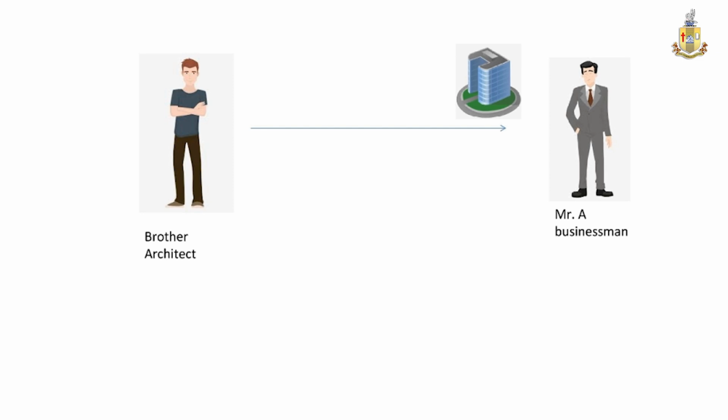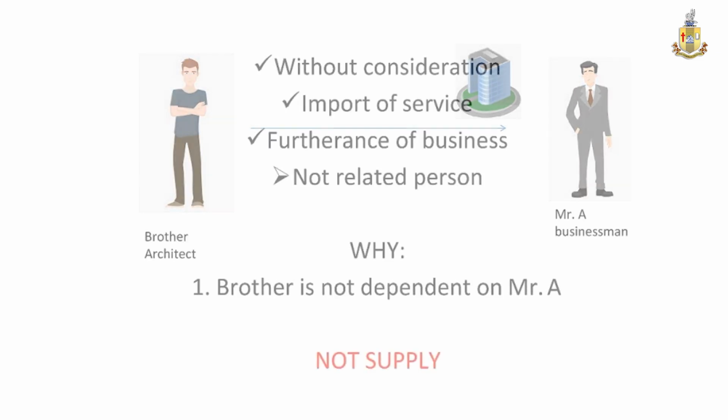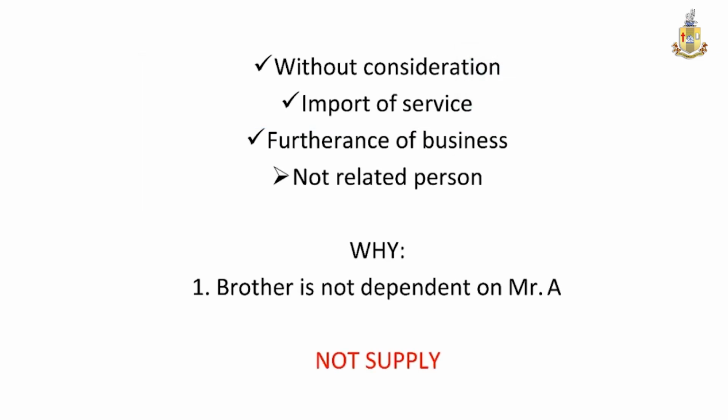So he is giving the plan for him. Does this come under supply? No, this will not come under supply. It is without consideration, it is import of service, it is fulfilling the furtherance of business condition, but not a related person.